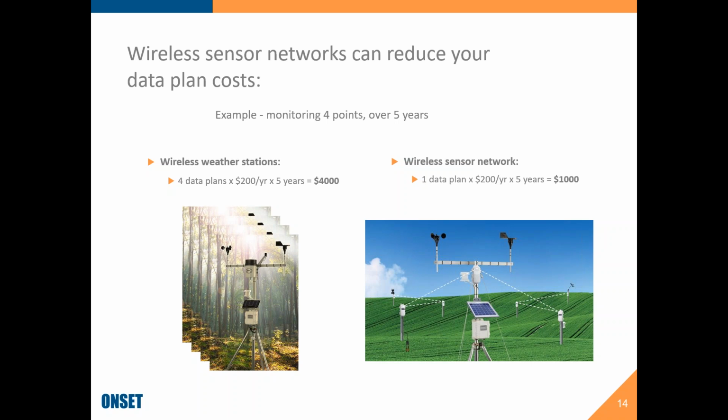On the other hand, if you're using a wireless sensor network, and the sensors and the stations are close enough that you can have them all communicating back to the same web-enabled station, you only need 1 data plan. That's $200 a year over 5 years. That's $1,000. So you can save $3,000. So it could be substantial.